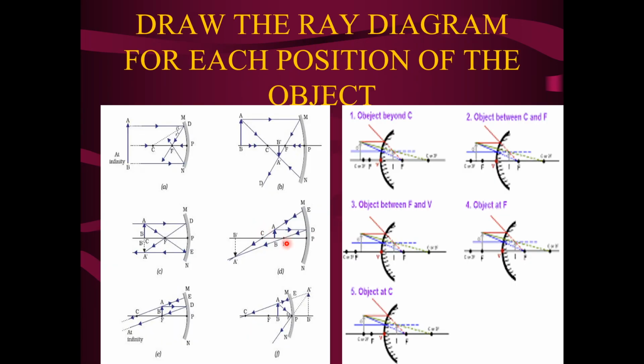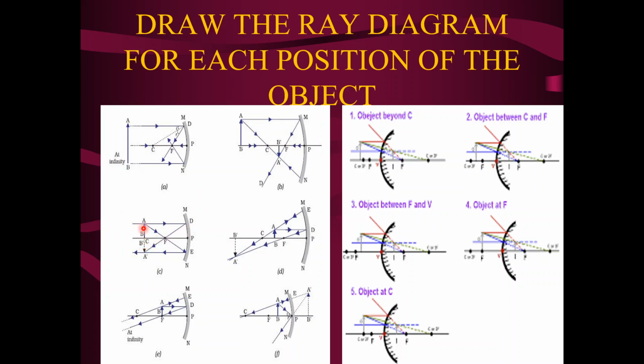Now when you compare the ray diagram for each position of the object in front of the concave mirror and the convex mirror, you can see that the concave mirror always forms a real and inverted image. This is an inverted, real image. The rays are really meeting at a point.